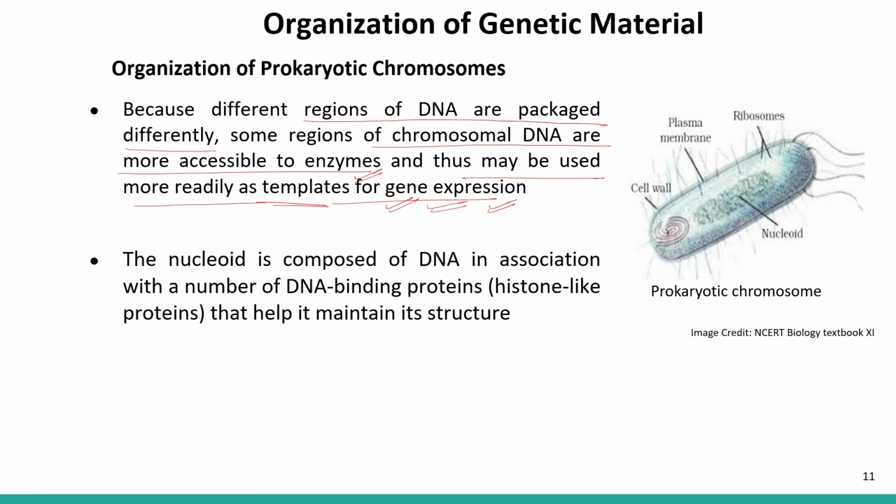The nucleoid is composed of DNA in association with a number of DNA binding proteins. So that is histone-like protein, but again I'm telling, it is not a histone. It is histone-like protein that helps maintain its structure.